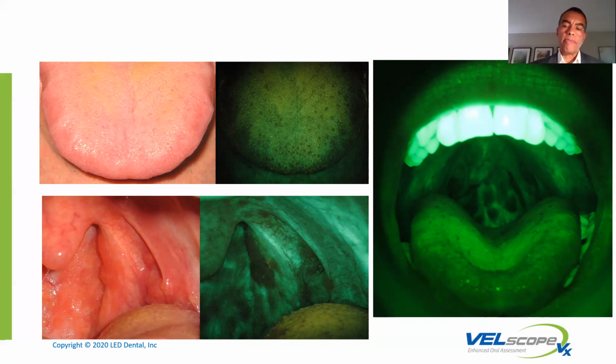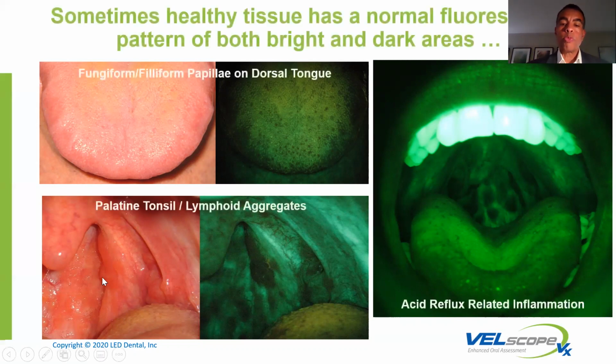Why is this so important? Acid reflux, or excuse me, esophageal cancer caused by acid reflux is actually one of the fastest growing cancers in the US. So why is this so important? Because you have the opportunity to identify this, have a conversation with the patient, and make sure they're getting appropriate care. This is pretty severe. You can see how forward these lesions are.